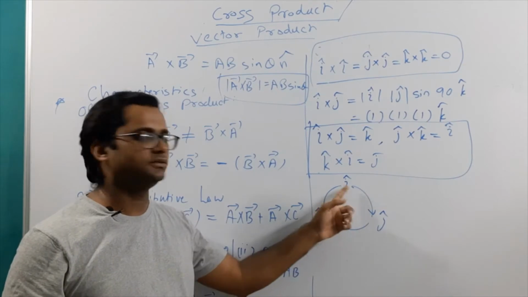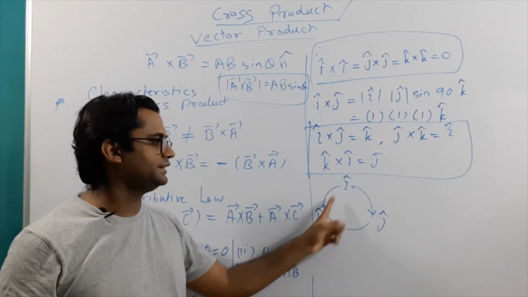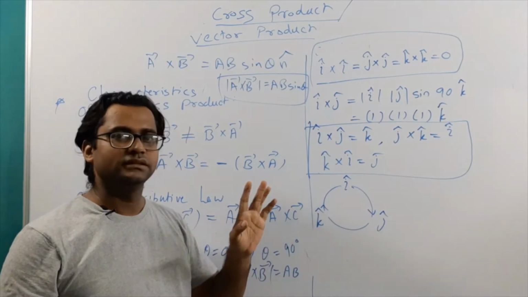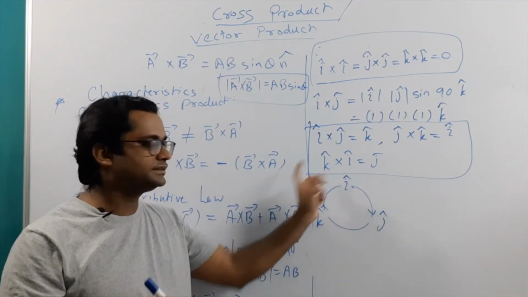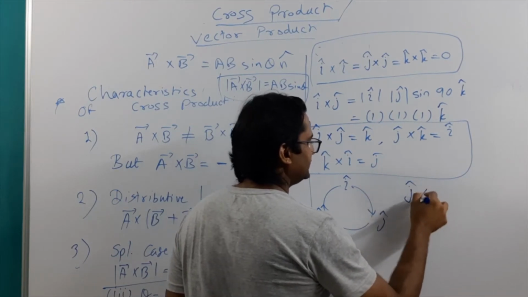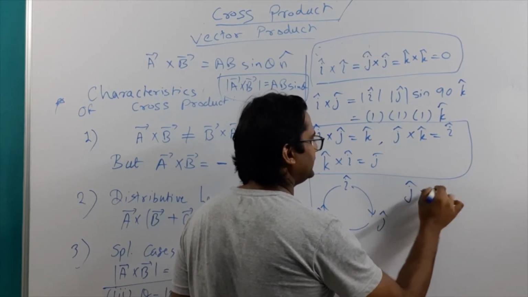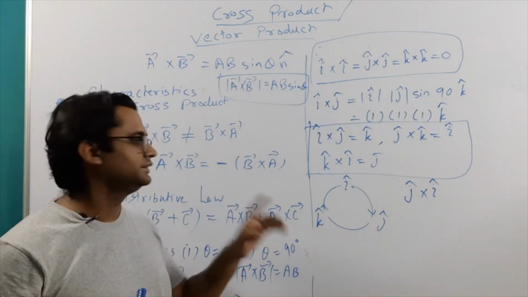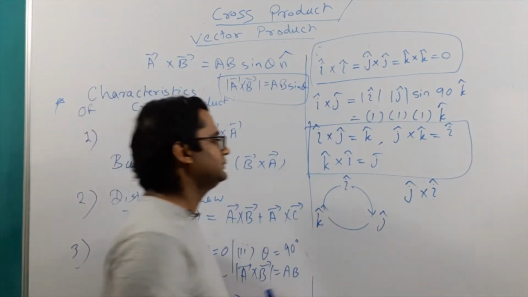Okay, the cyclic order: i cross j is k, j cross k is i, k cross i is j. And what if we reverse the order? If we reverse the order, j cross i, remember that when we change the sequence, there is a minus sign. So j cross i will give you minus k.